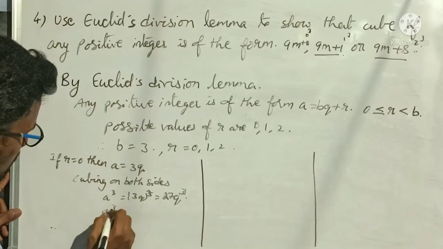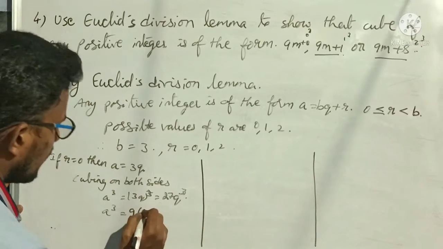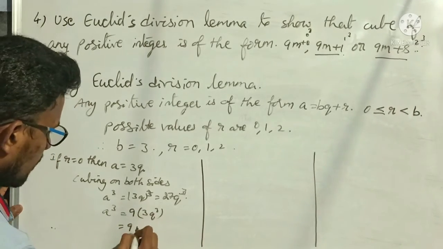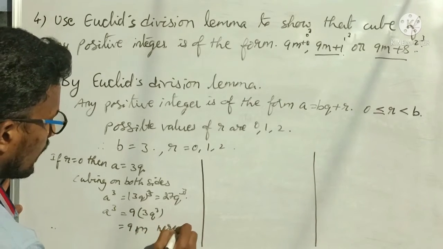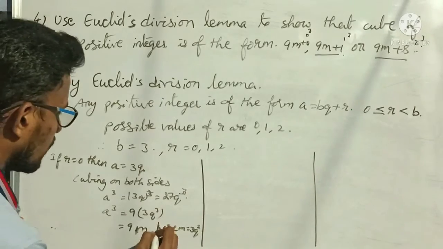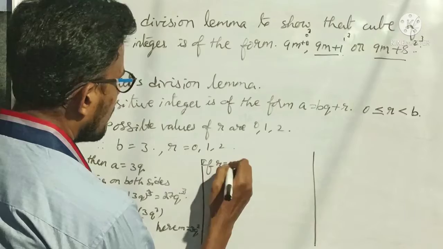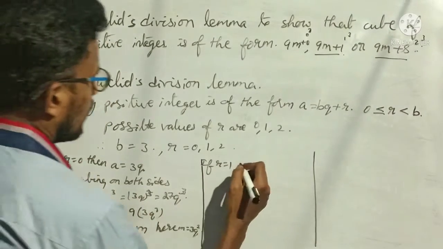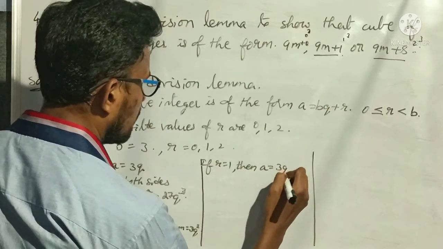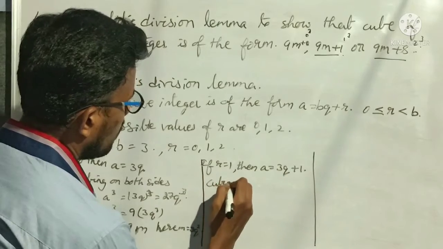So a cube is equal to, if I take 9 outside, then 9 into 3q cube is nothing but 9 into some m. Here m is equal to 3q cube. Okay, so this is the first condition. Second condition, if r is equal to 1, then a is equal to 3q plus 1. Here also cubing on both sides.